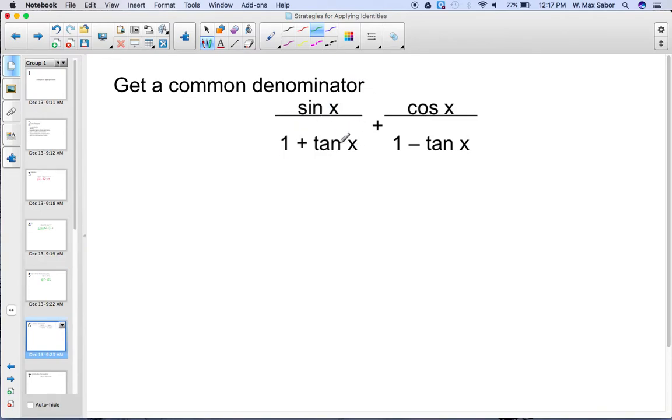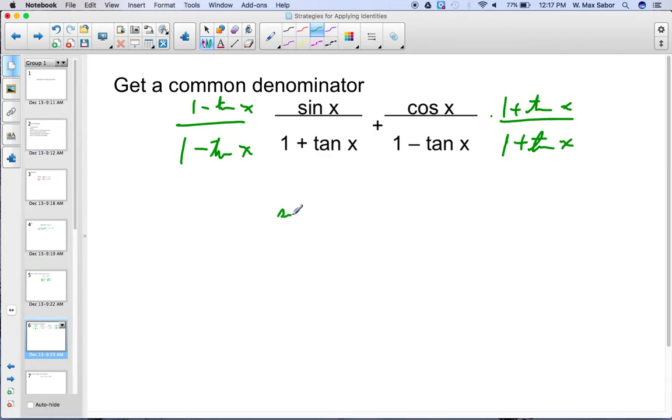So getting the common denominator here, we see 1 plus tangent of x, 1 minus tangent of x. If we multiply this by 1 plus tangent of x over 1 plus tangent of x, and this times 1 minus tangent of x over 1 minus tangent of x, I should probably do that. Then we will get an easier expression to deal with.